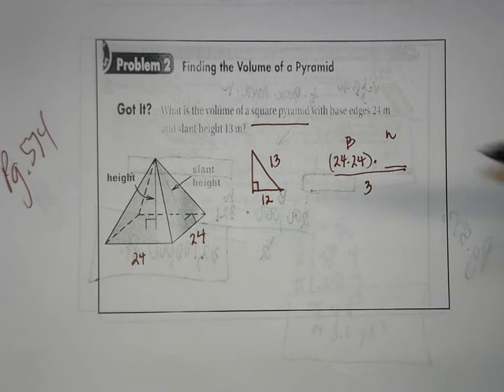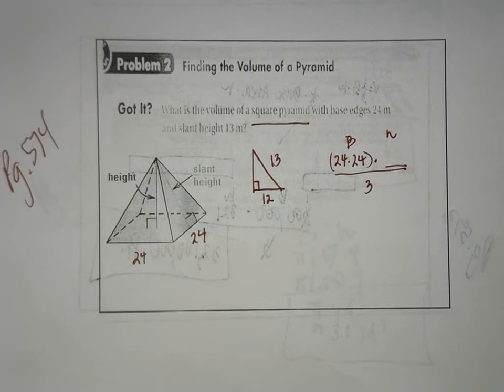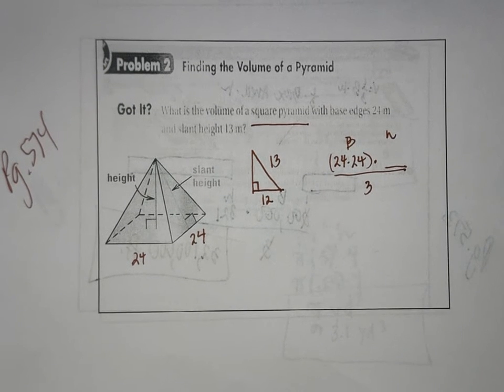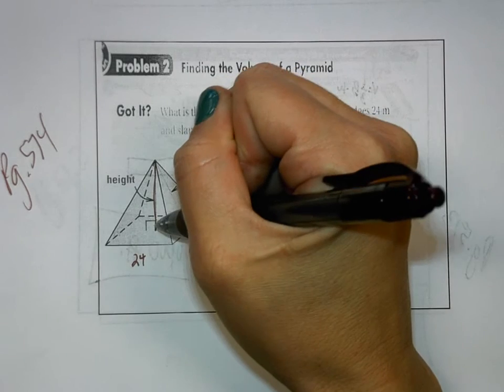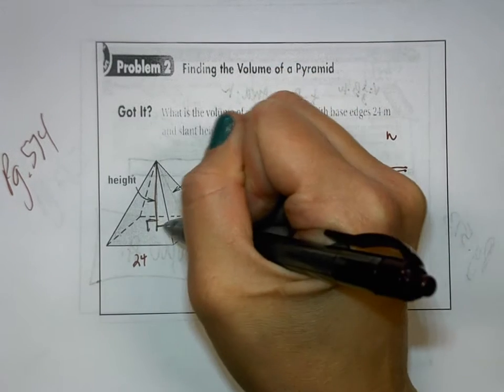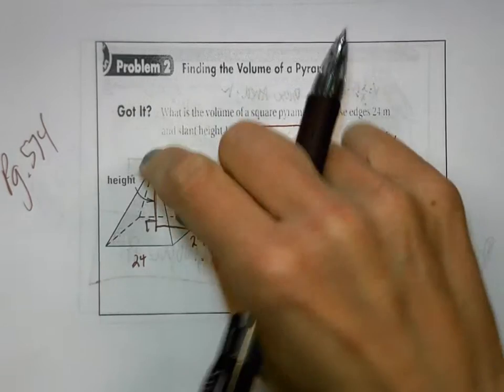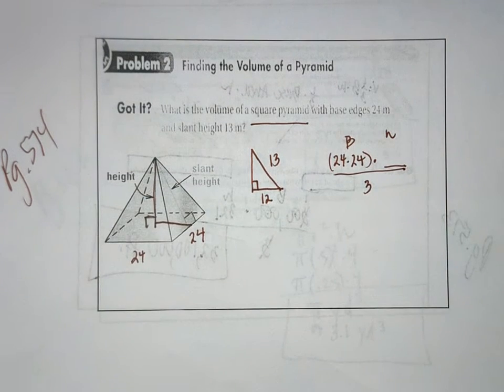So the Pythagorean triple thing might have thrown some of you off. But before that, all of this is correct. We know that the height on all these figures makes a perpendicular line, which makes a 90-degree angle. So your height will always go down and make a 90-degree angle. What I've done here is I just took the triangle out of the pyramid. Does that make sense?